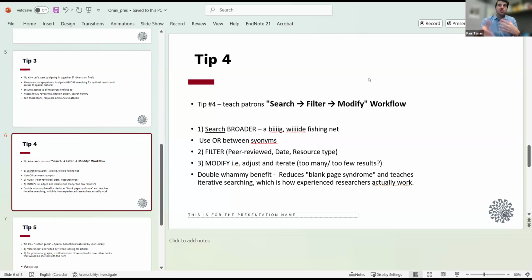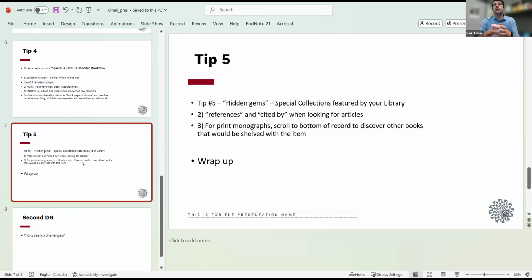But what I mean by gems and special collections, for U Ottawa, we have rare books and archival records. We have, for instance, special collections related to women in STEM and the history of Franco-Ontarian feminism. We have a number of researchers who actually are doing intensive research on the history of Franco-Ontarian feminism.